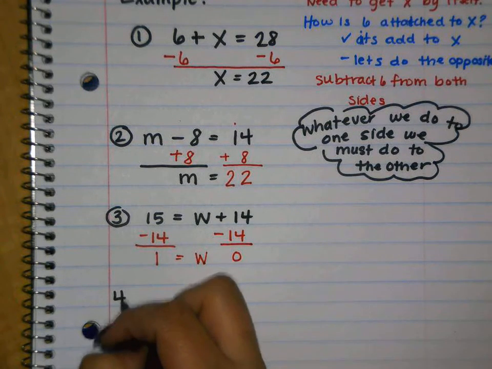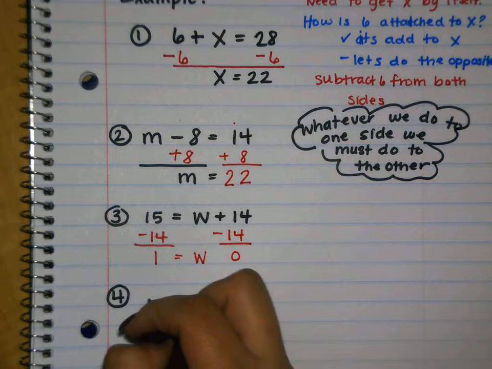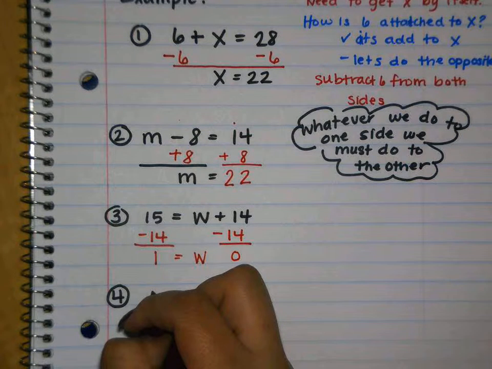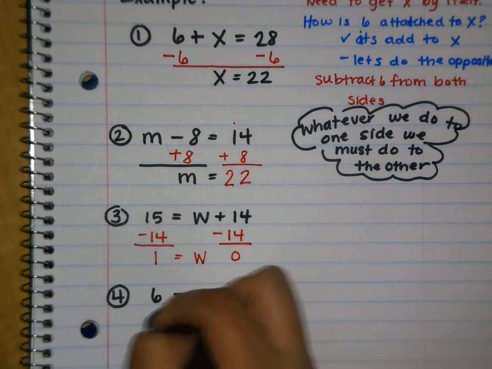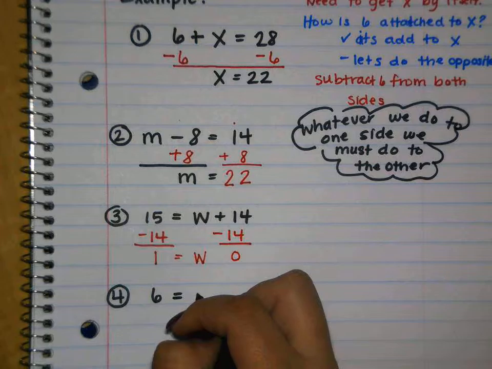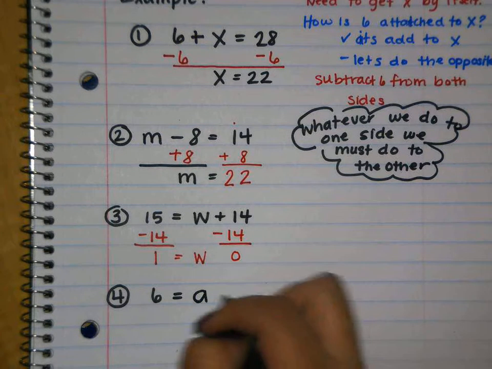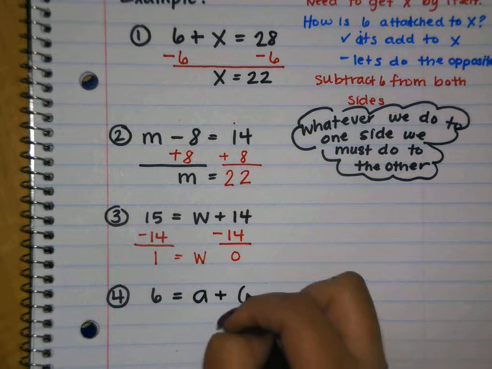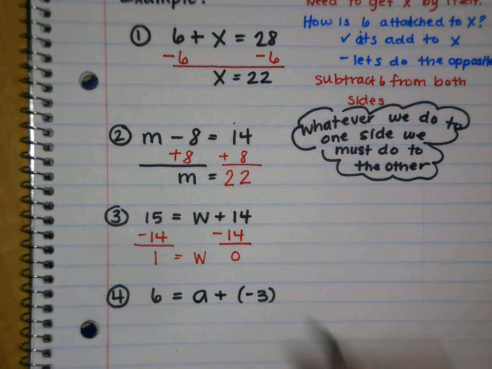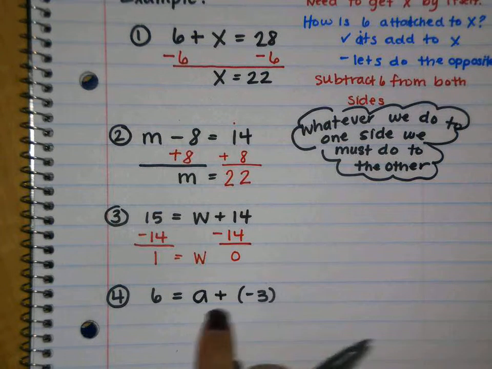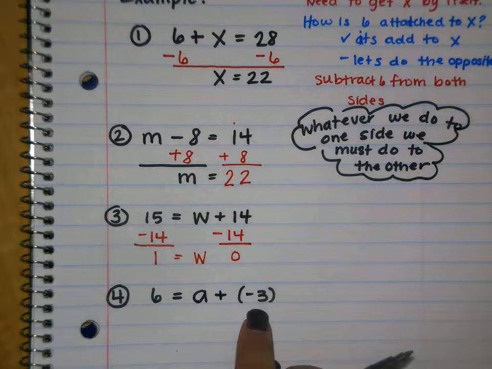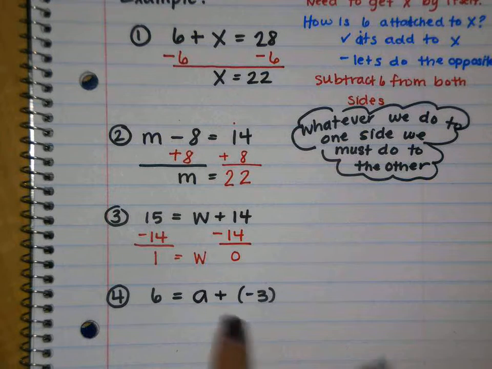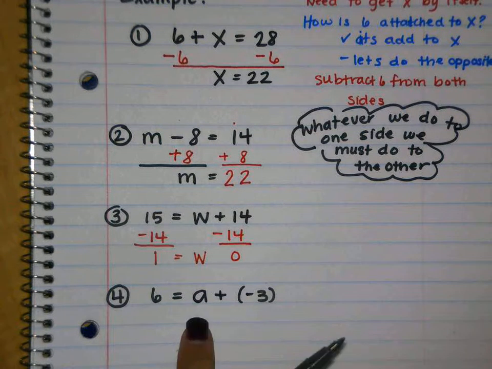Let's try one more. What if we have 6 equals A plus a negative 3? So how is the negative 3 attached to the A? Well, it's added.